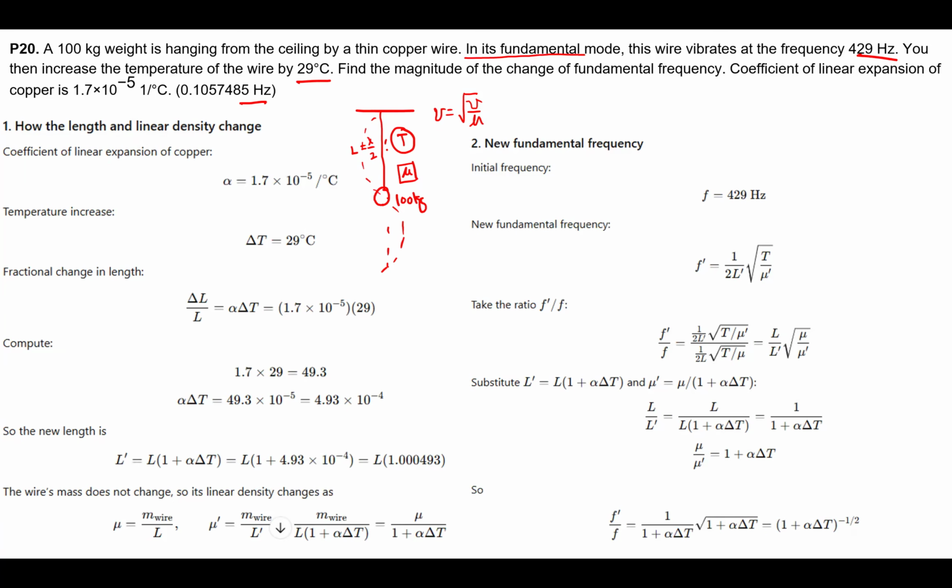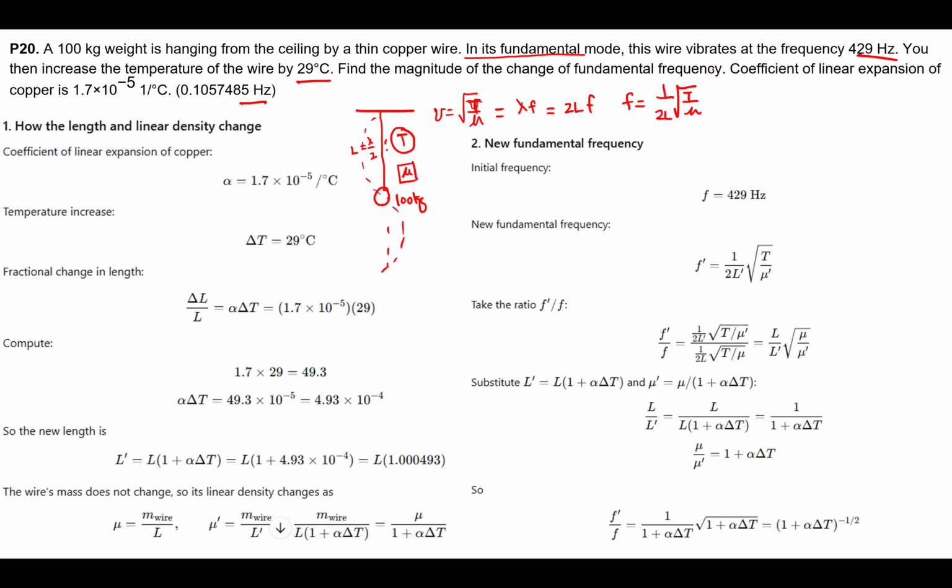If this is a wave, velocity always satisfies lambda times f, the wavelength times the frequency. And lambda is 2L, so the frequency is given by f equals v over 2L, where v is the square root of T over mu.